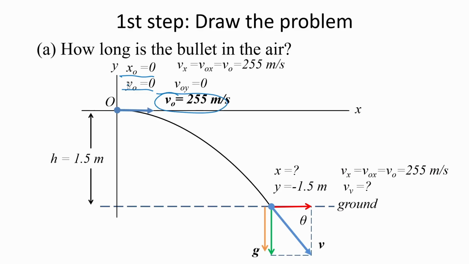Then the initial velocity along y is 0 because it does not go upward. It's purely horizontal motion.